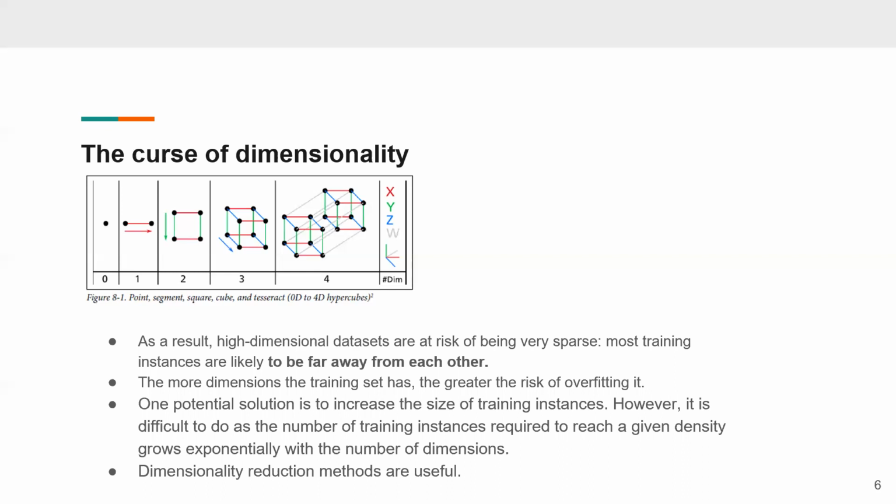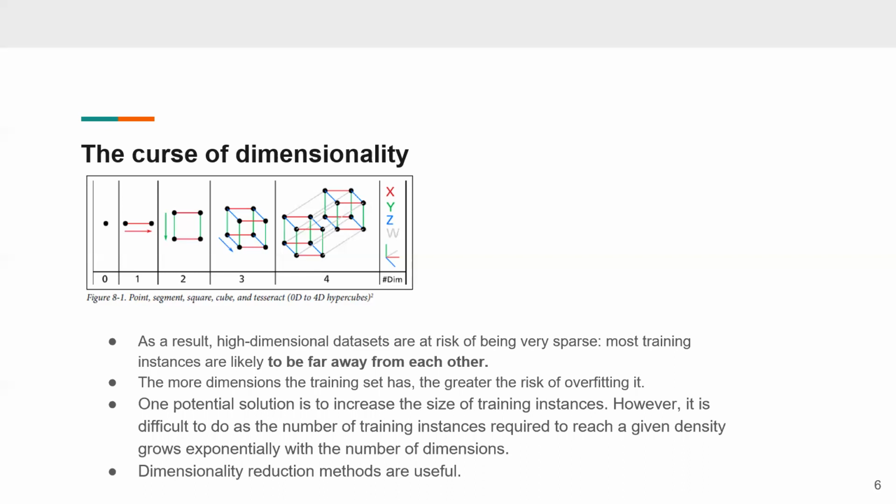One potential solution for this would be to increase the size of the training instances. However, it's very difficult to do this once the dimensionality becomes really high, just because the number of training instances required to reach a given density grows exponentially with the number of dimensions.